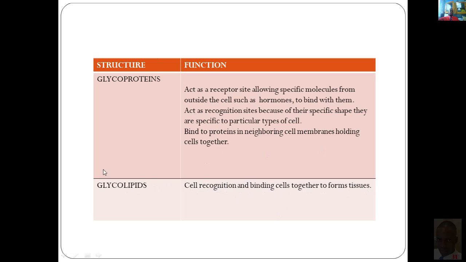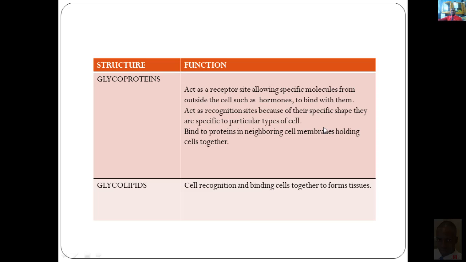They bind proteins in neighboring cell membranes, holding cells together, and this is important basically in forming tissues, because remember, specific cells group together to form tissues, right? So these glycoproteins help to hold each cell together to help to form tissues, right?